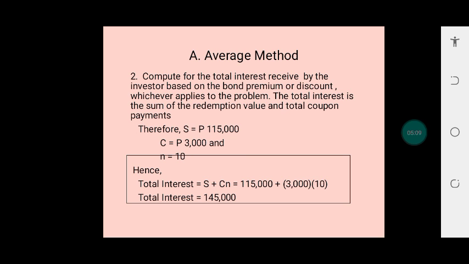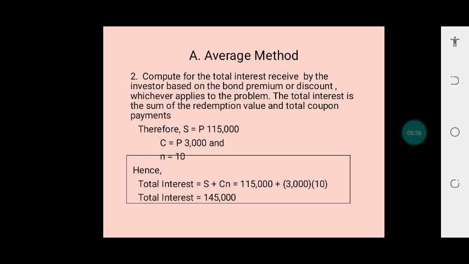Therefore, S is equal to the redemption value, 115,000, and C, the coupon, is equal to 3,000, and N, the years to maturity, is equal to 10.